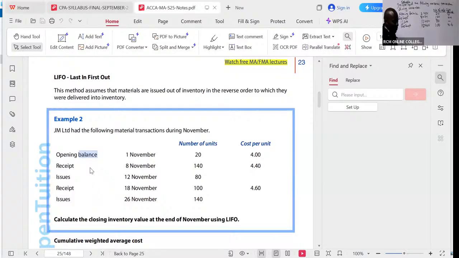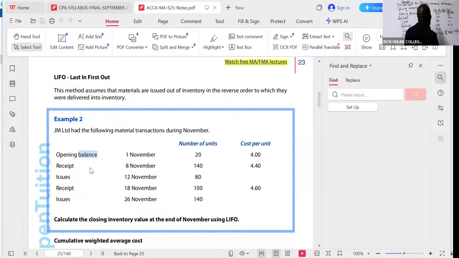Then we have the last issue, 26th November, 140, with no cost there. And then they want us to calculate the closing inventory at the end of November using LIFO.